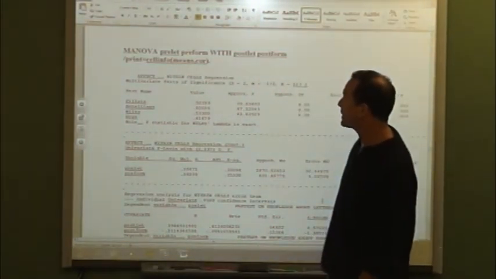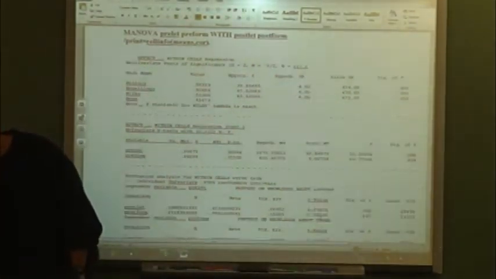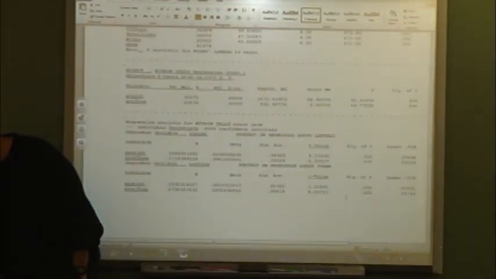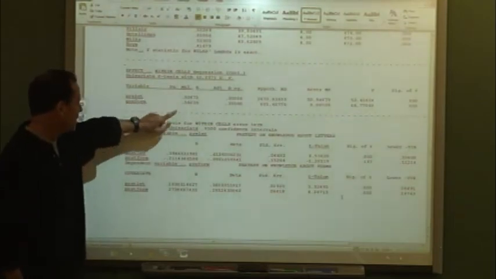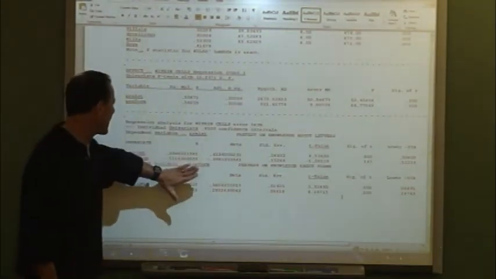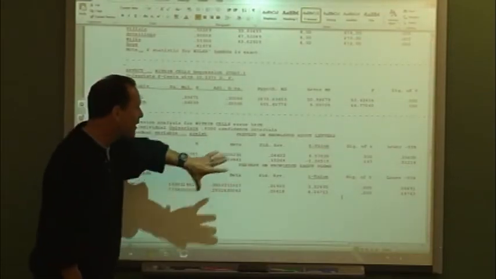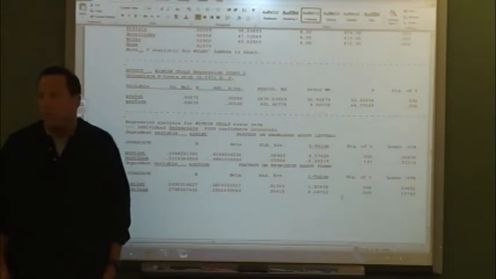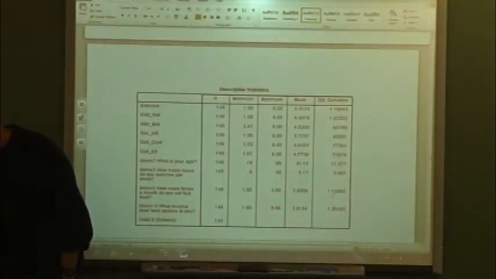Post-let, post-form, so it treats it kind of like a covariate, and then you will actually get the regression analysis, the R-squares. You have to kind of look around at the output. There are the standardized and unstandardized coefficients. It'll give you some very similar results. If you want to use the Manova command for canonical correlation.